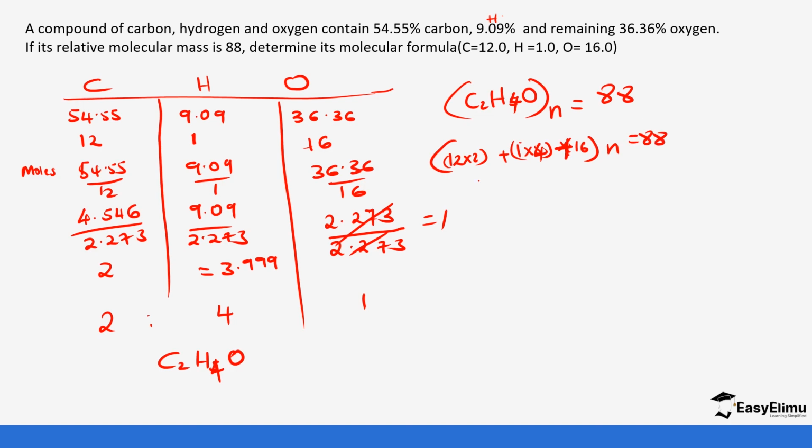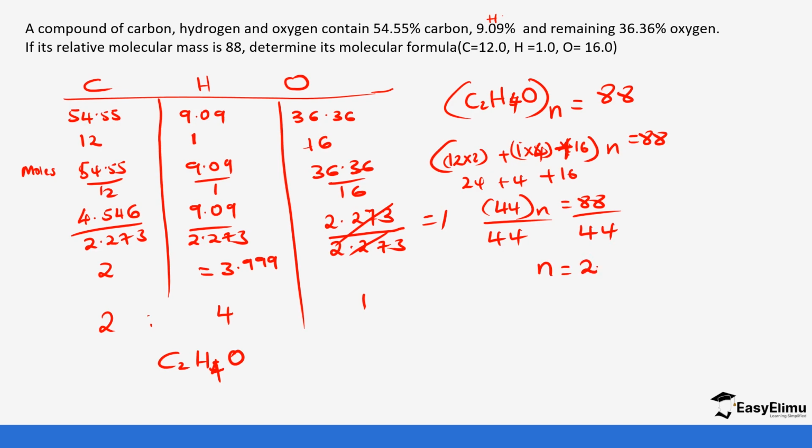So this is the same as 24 plus 4 plus 16, which gives us 44 into bracket N is equal to 88. Divide by 44, divide by 44. So the value of N is 2.